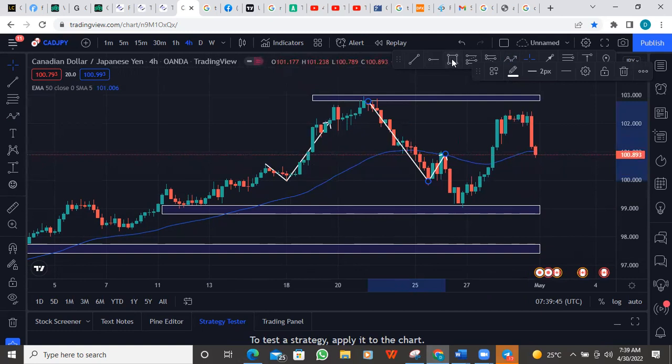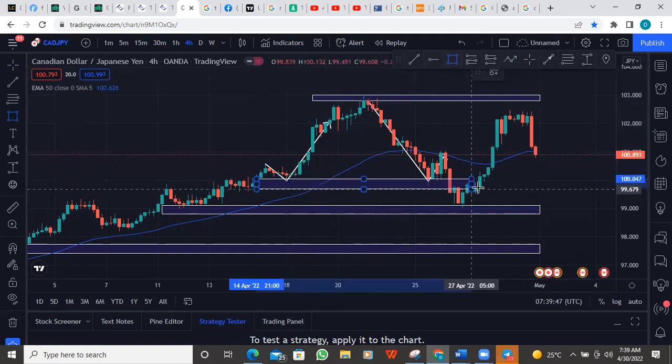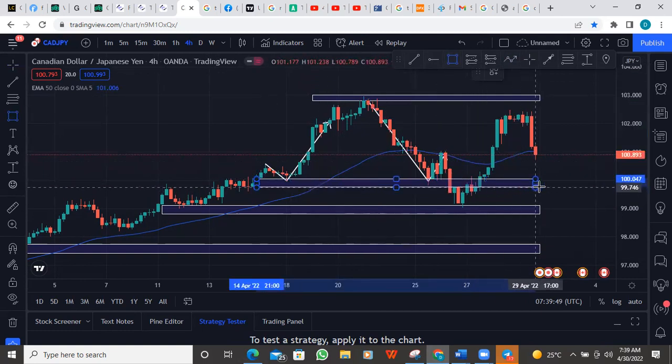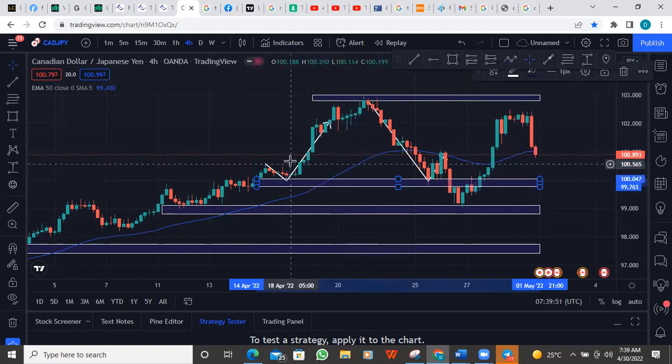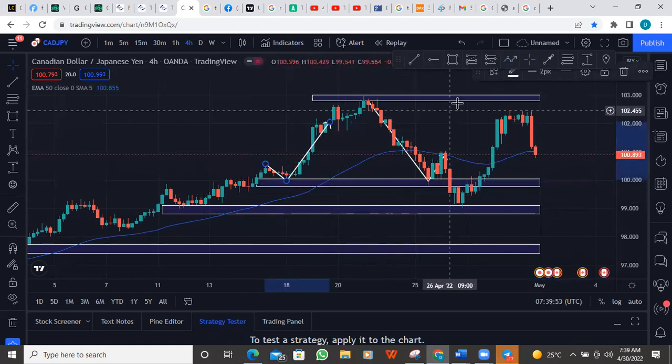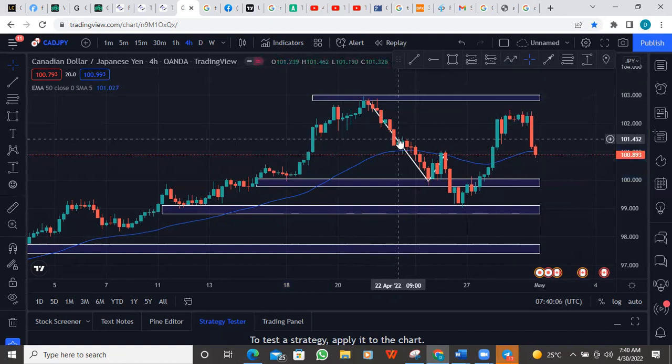So I take my tool and draw another support zone over here. These are the zones that I have marked, expecting price to get there, so that when price gets there, I will be able to interpret whatever the candles are doing over there.